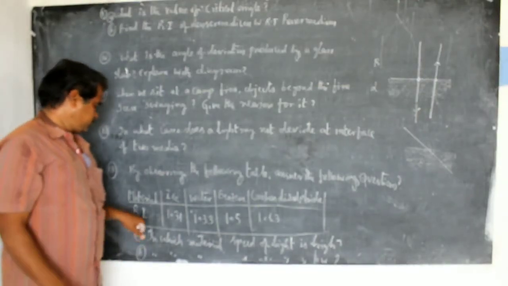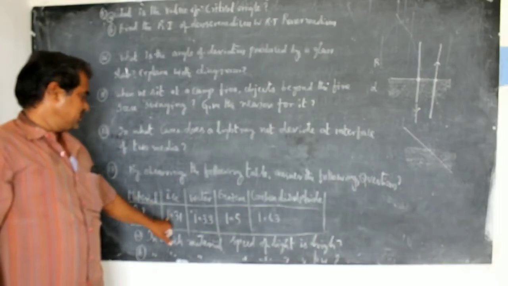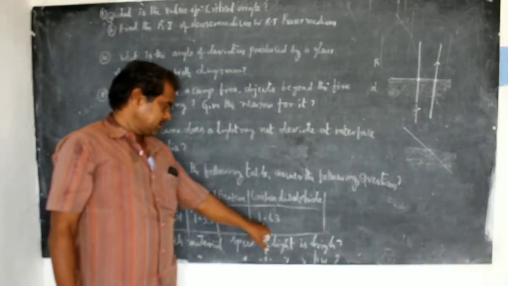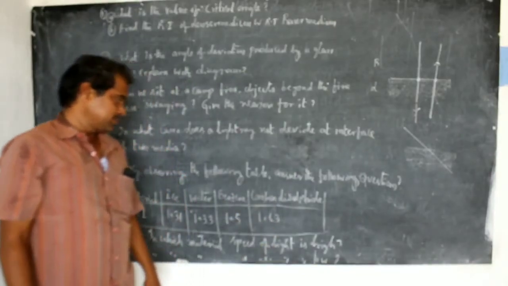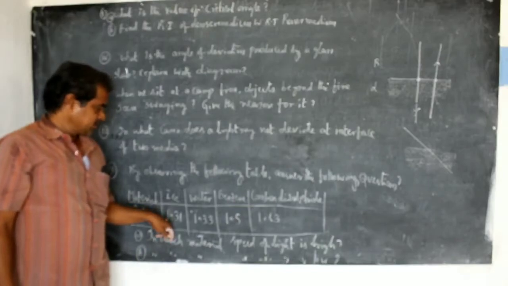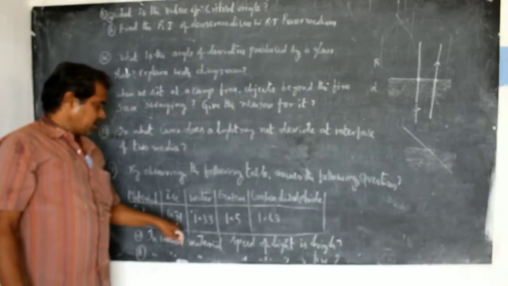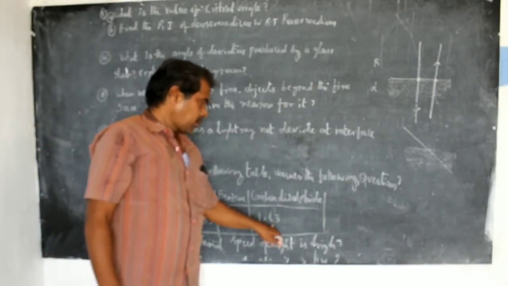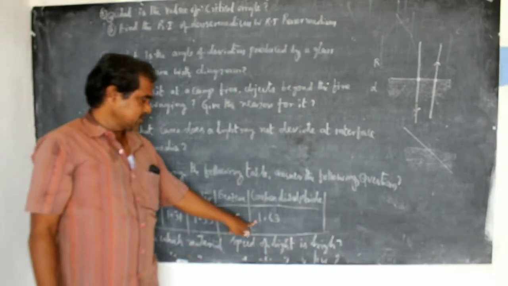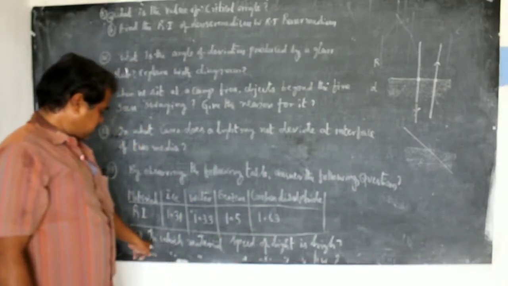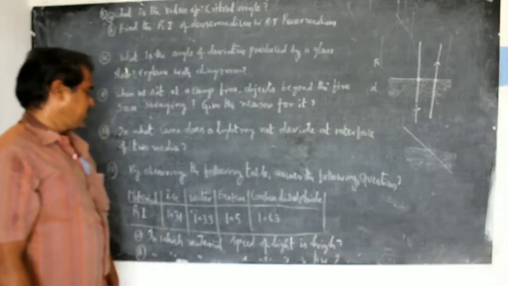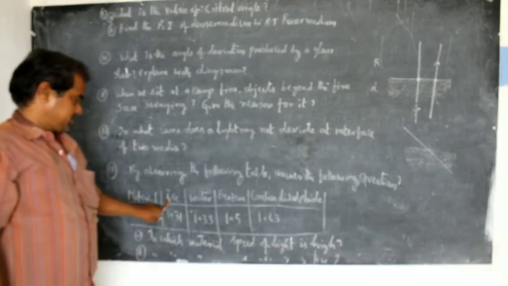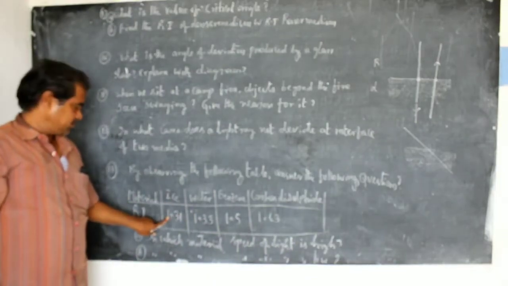Here ice has the lowest refractive index value and carbon disulfide has the highest. So you can conclude that the velocity of light in ice is high, and the velocity of light in carbon disulfide is very low because it has a high refractive index value. So what is the question given? In which material is the speed of light high? Ice, because it has the lowest refractive index value.